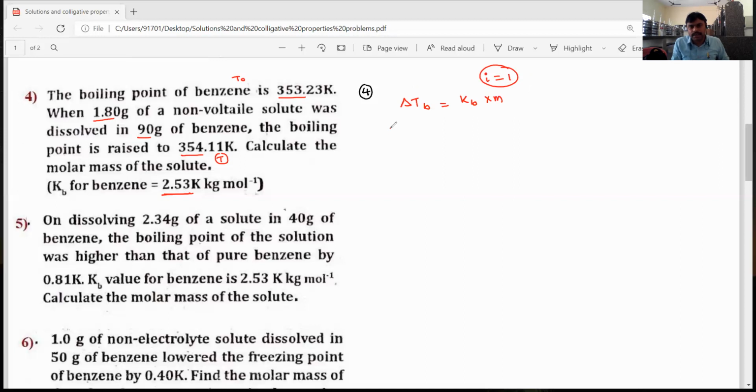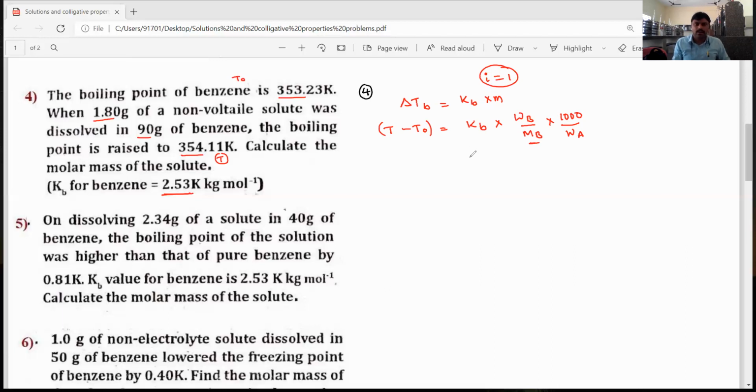Delta Tb is nothing but T minus T0, the boiling point of the solution minus that of the solvent, is equal to Kb into molality, that is, weight of solute by gram molecular weight of solute into 1000 by weight of solvent in grams. Now we need to find out MB.